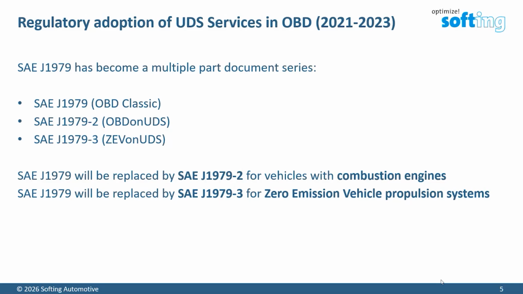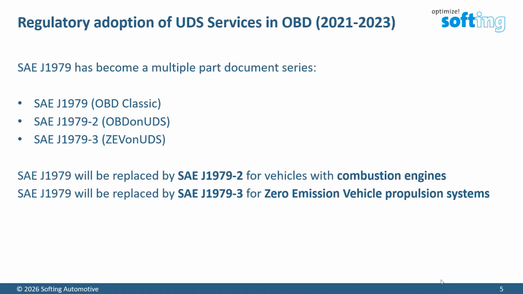J1979, which we all know as OBD in the past, has split into two different documents. It will be replaced by SAE J1979-2 for vehicles with combustion engines, and by SAE J1979-3 for zero-emission vehicle propulsion systems.